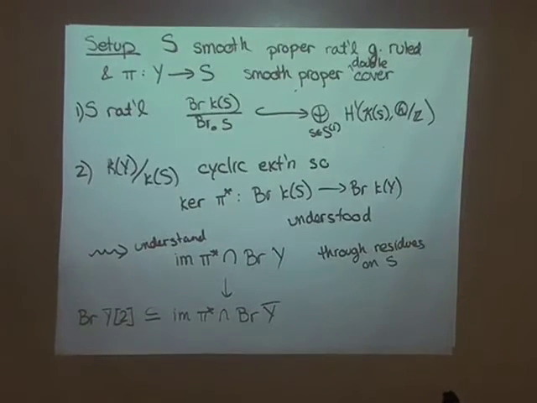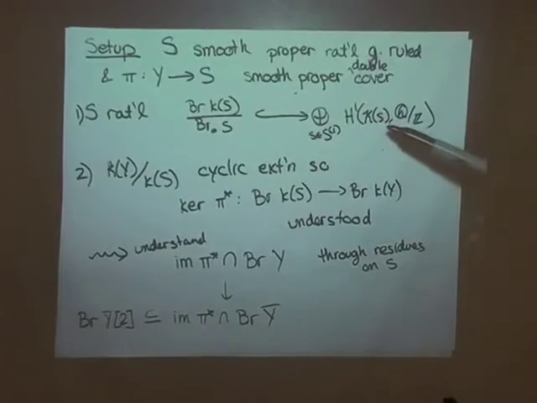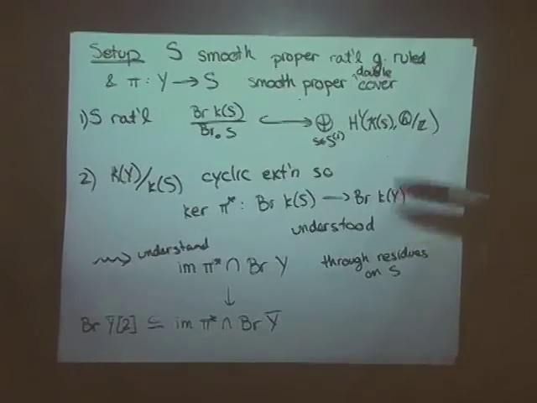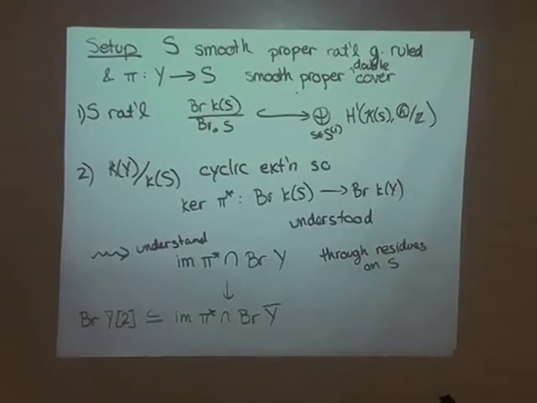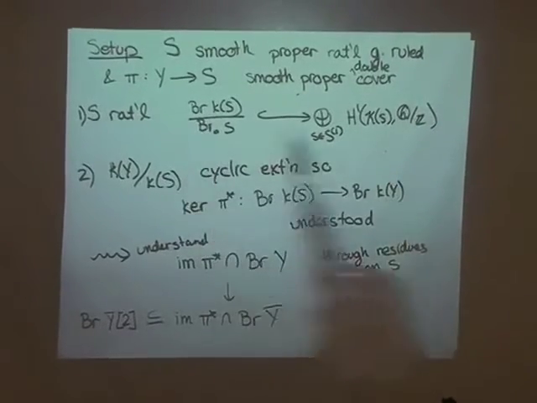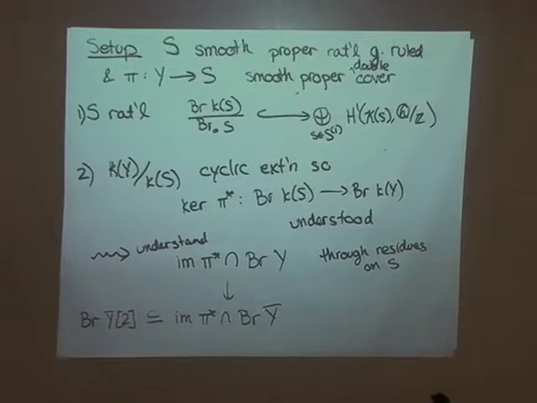Okay, and residues are just cyclic extensions of the curve, and since I'm just taking order 2 classes, those are just quadratic extensions of the function field. So I know exactly what the group structure is on quadratic extensions of the function field.